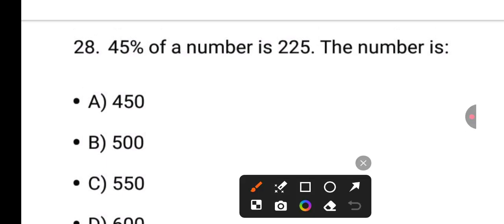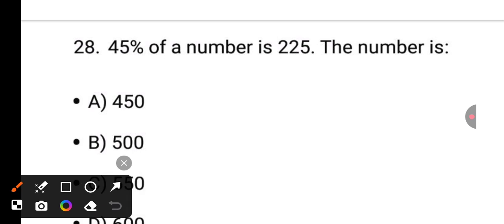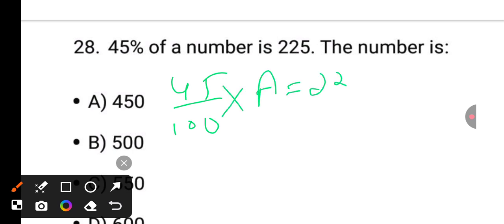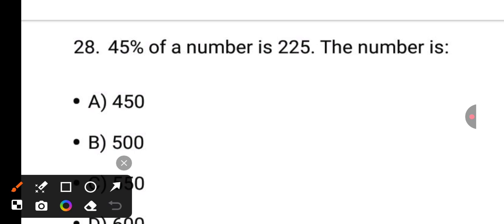Next, 45% of a number is 225. The number is always 100%. See, basic is 45 by 100 into a number, means A, equals 225. It is 5 times. 500 is the answer. What is the shortcut? See, 225 is the 45% value.